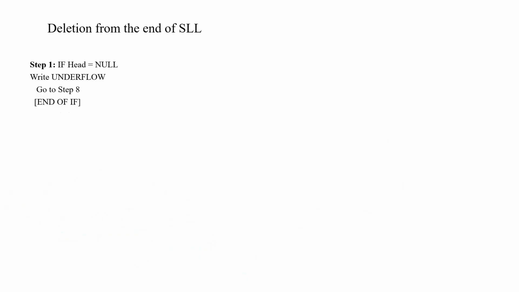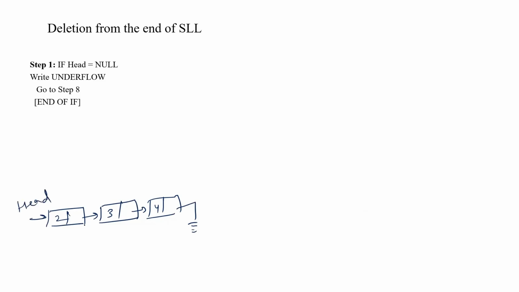Next is, if you want to delete the node from the last position of the linked list, how are we going to do it? Let's suppose we have some set of nodes in the linked list, 2, 3, and 4. If you want to delete the 4, then you know that we have to bring null here.